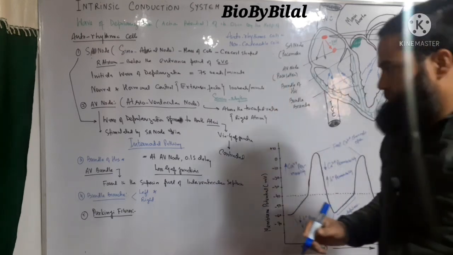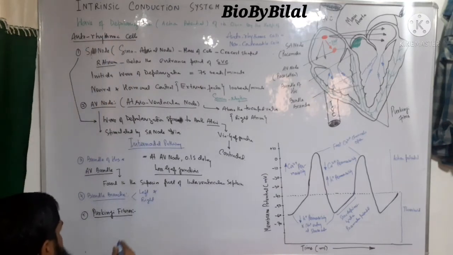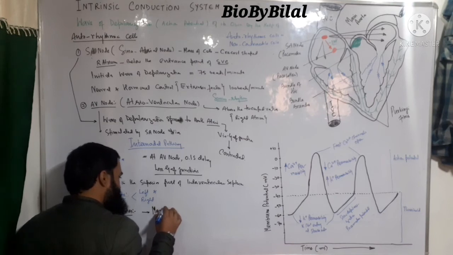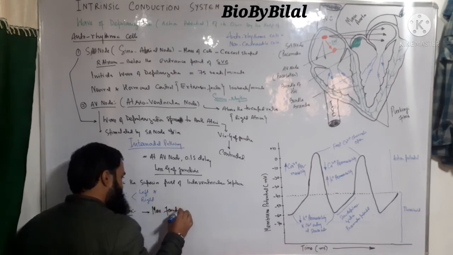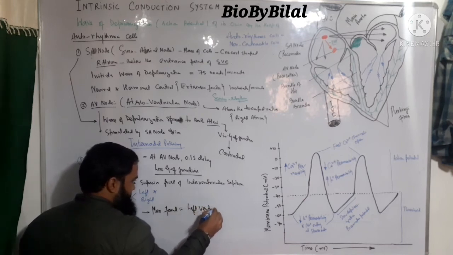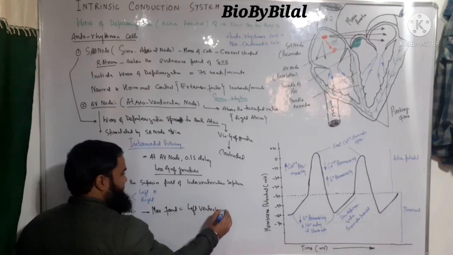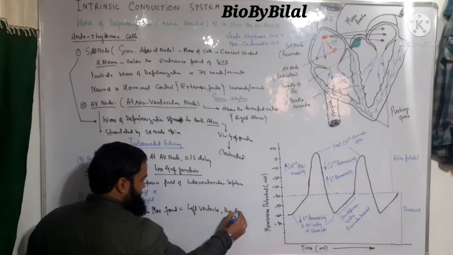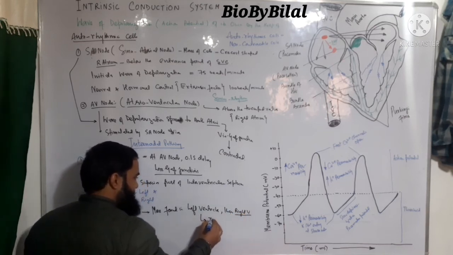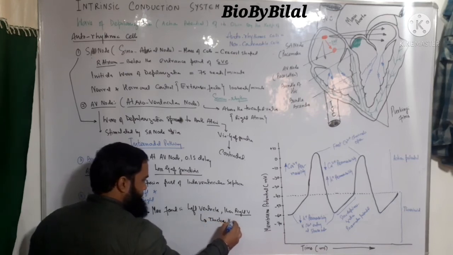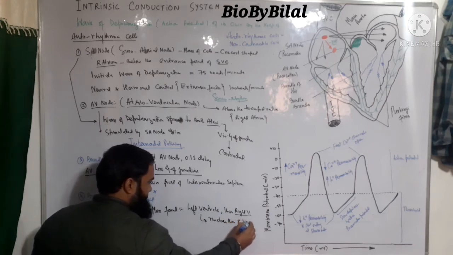Once again, I will tell you, these Purkinje fibers are more found in the left ventricle than the right one, because the left ventricle is thicker than the right ventricle.